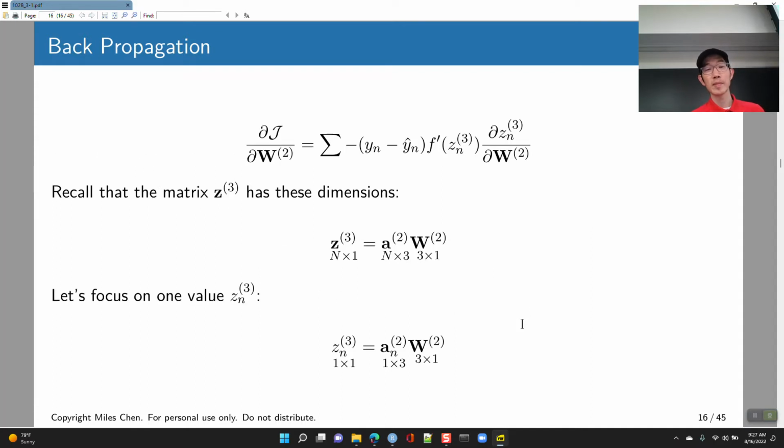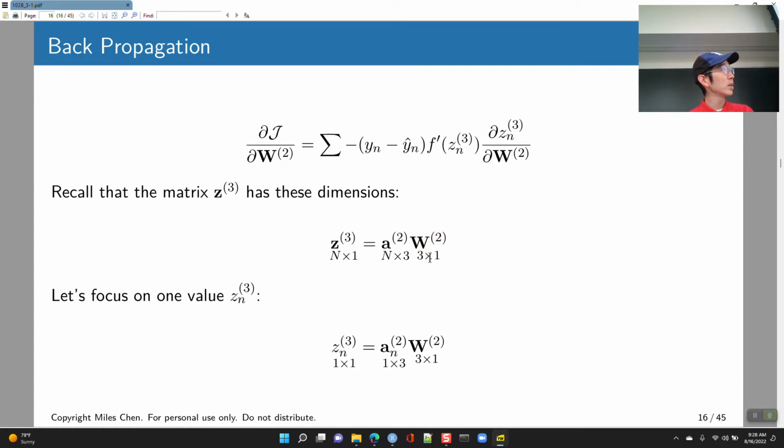Is this okay? All right, well, let's take a look at this term, and we say, what is the relationship between z3 and W? So the matrix result is that z3 is an n by 1 matrix, and this is the result of multiplying our A2 matrix, which is n by 3, with our weight matrix W2.